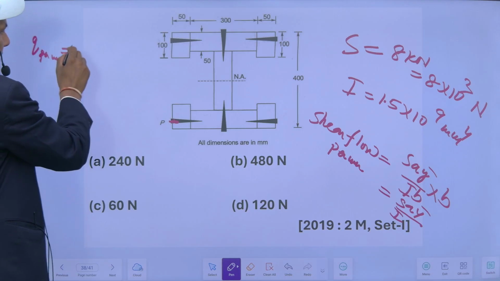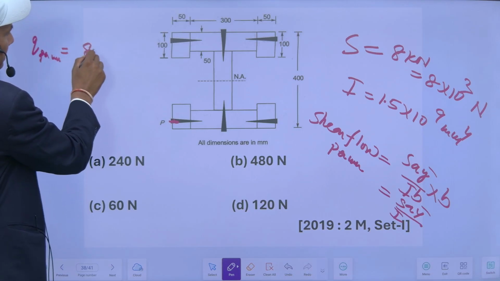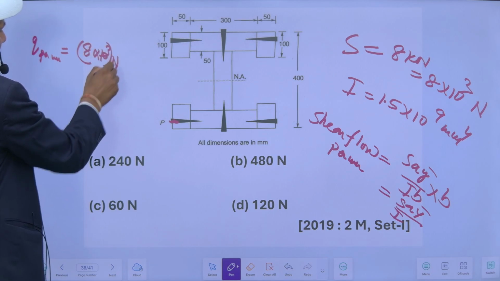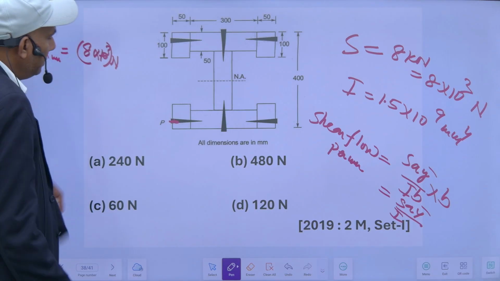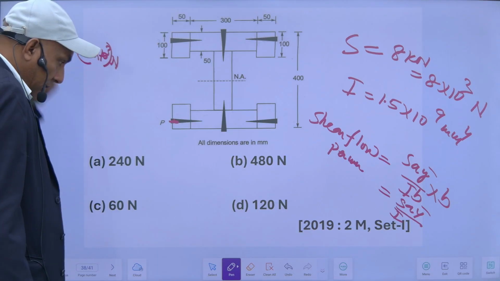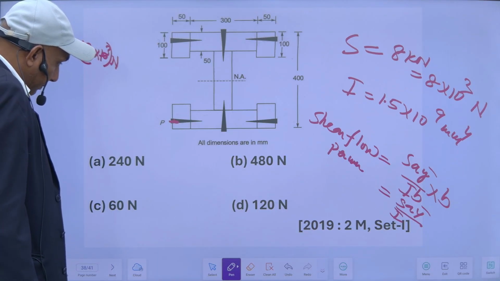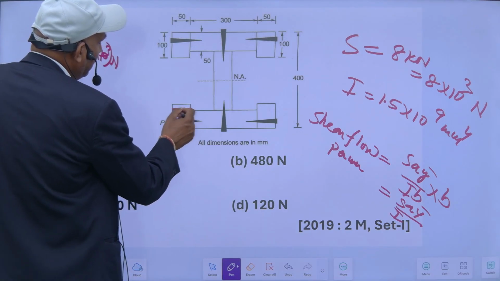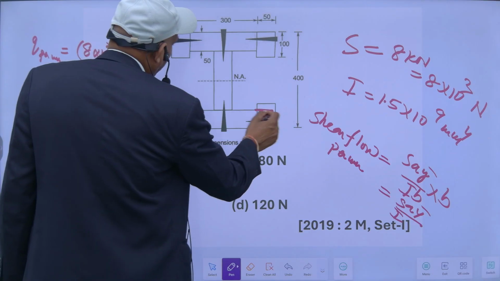shear force is 8 into 10 raised to power 3, this is in Newton, into area. So area of this will be, this is 50 mm. So at this junction, this is 50, this is 50.